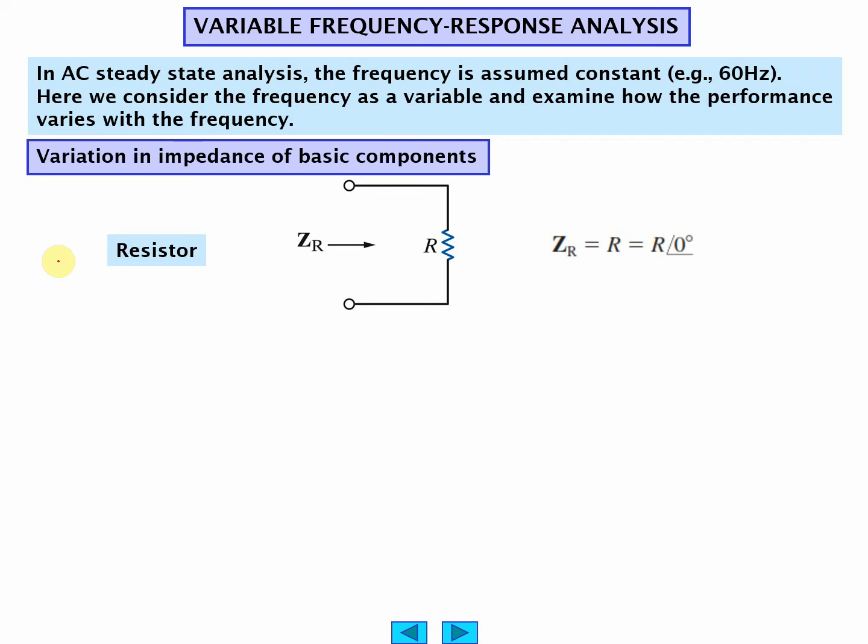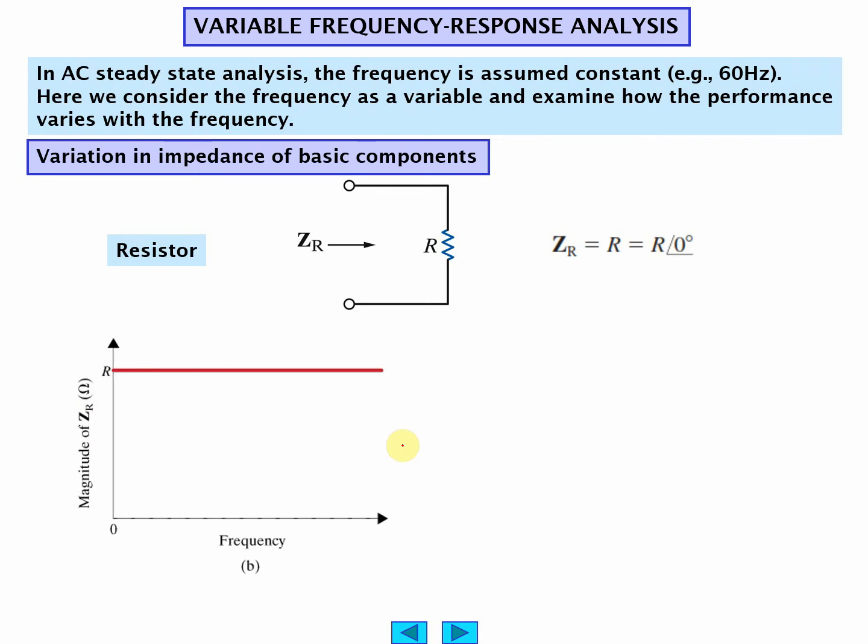So resistors, the voltage and current are in phase, so you have zero phase angle. And the magnitude of the impedance versus resistance is a flat line. It's always the same. In reality, by the way, there's what's called parasitic capacitance.